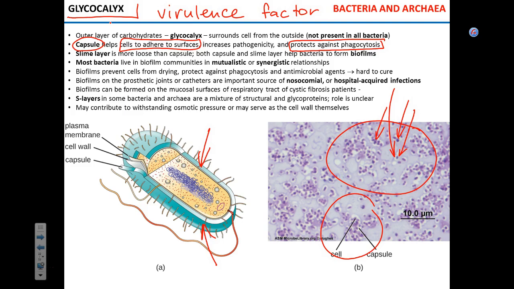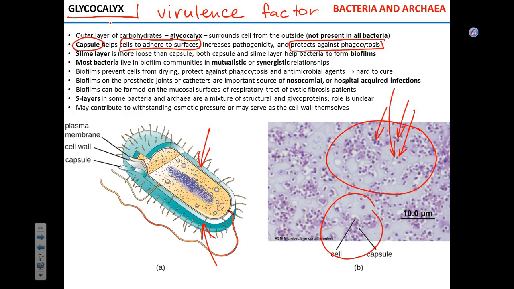So basically, the ability to have a capsule, the capsule itself, is a trait that is somehow encoded in the genome, in the genes, right? So some bacteria have these genes that encode a virulence factor such as capsule, such as adhesion molecules, such as resistance to antibiotics. Does that make sense? Virulence factors are genetic.